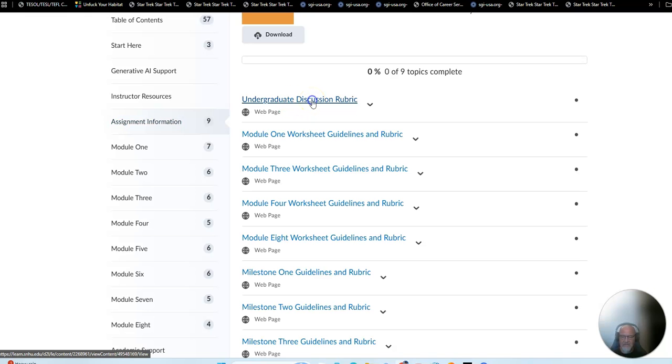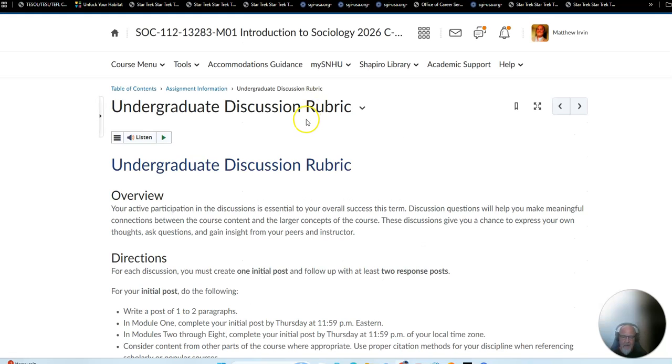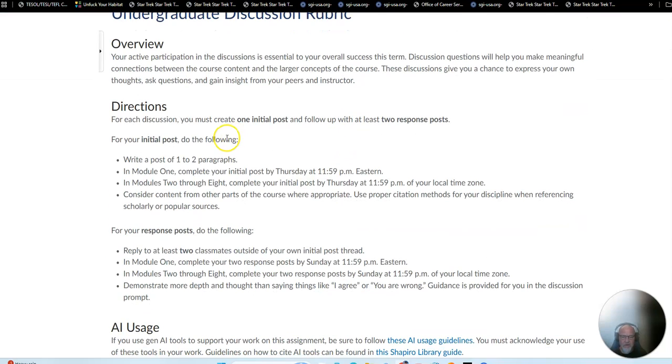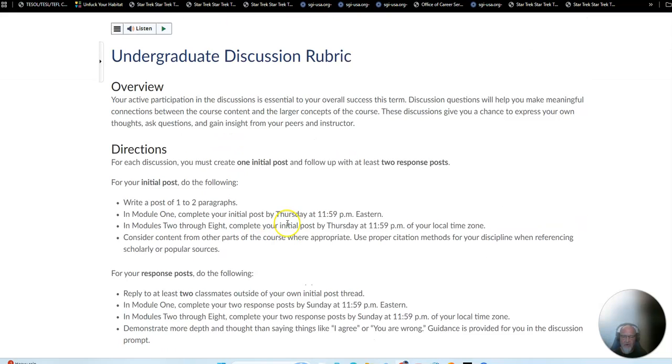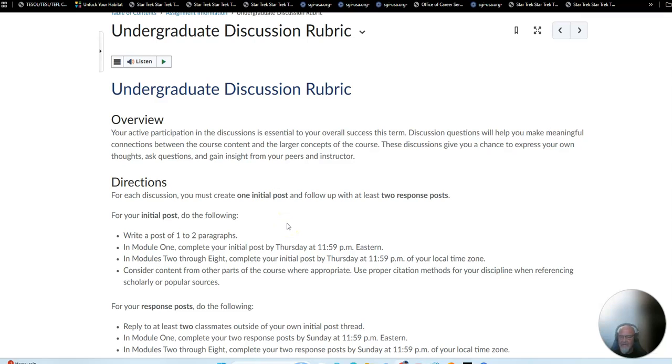So let's look at this discussion rubric. For every discussion that we have in the class, and I believe we have 6 discussions out of the 8 weeks, please do the following. For each discussion, you're going to create what we call an initial post.